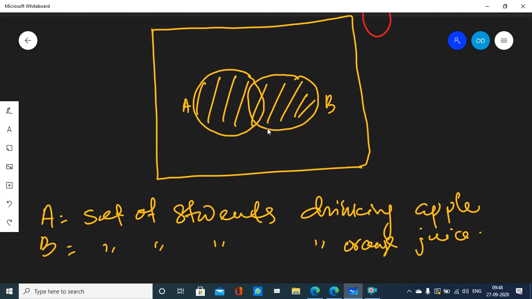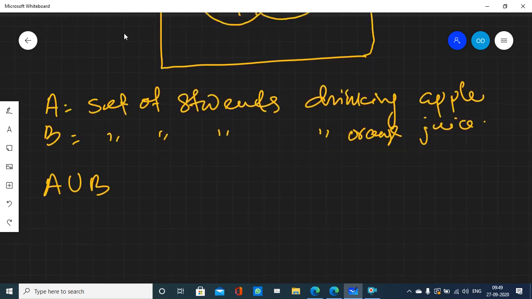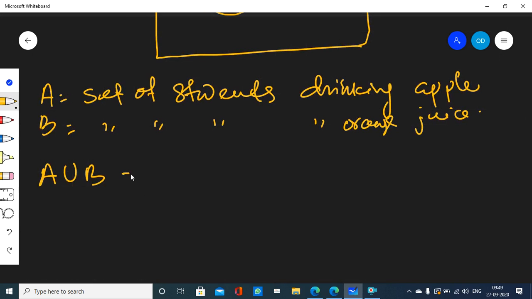Any student who drinks apple juice or orange juice or both, those students will be found in which set? A union B, right? A union B is the set that takes all those students who drink either apple or orange juice, right? Get my point?